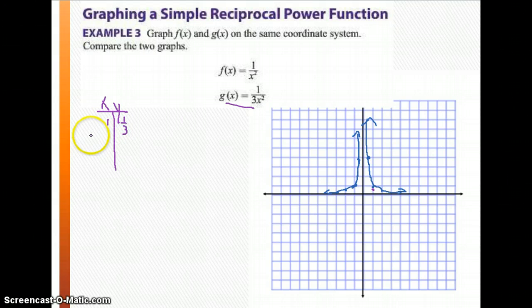If x is equal to 2, then we will have 1 over 3 times 4, which is 1/12. So we're getting much smaller. If x is equal to 1/2, we would have 1/2 quantity squared, and we will end up with 4/3.